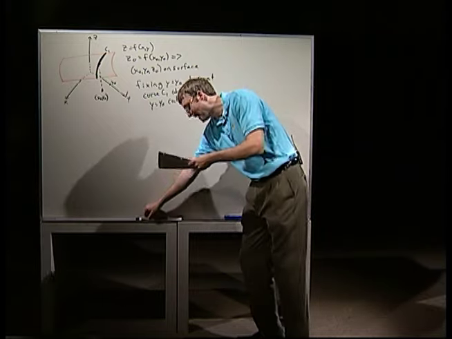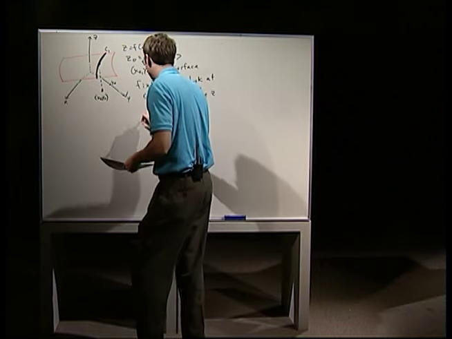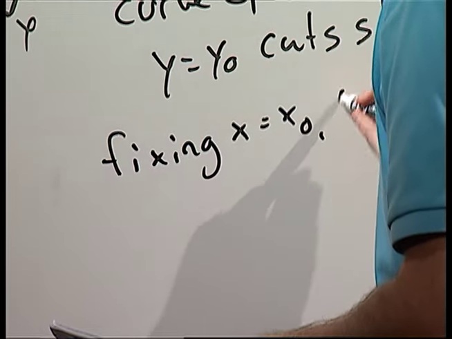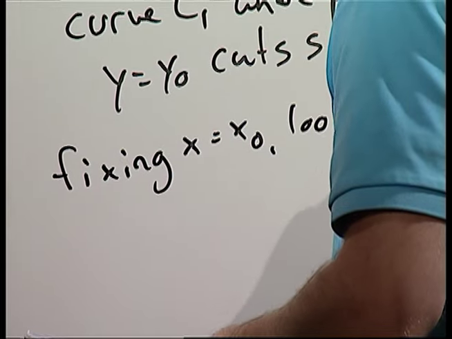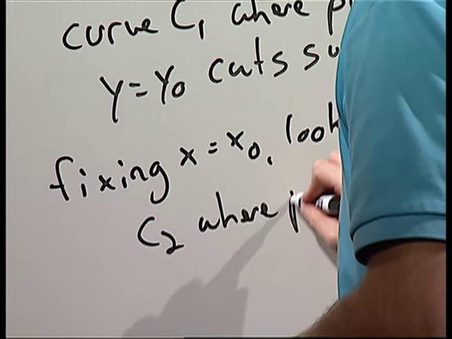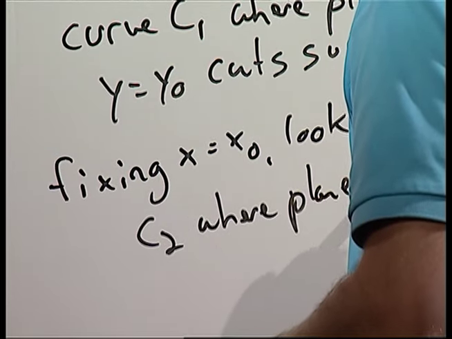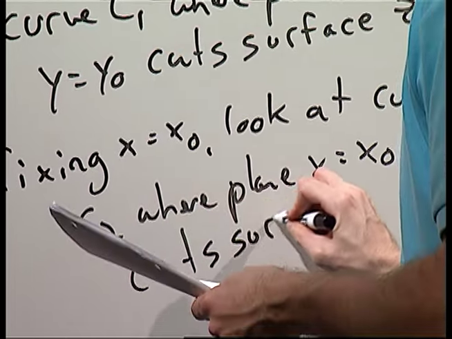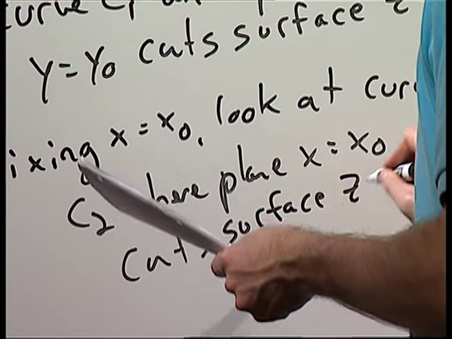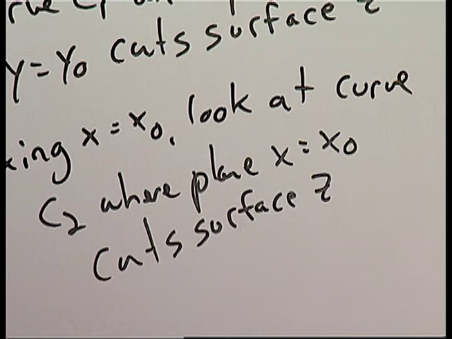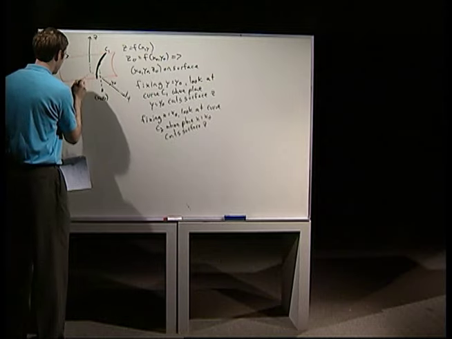Okay. And I can do the same thing for x. I can fix x equals x naught. I can look at the curve C2, where that plane cuts the surface. So that's x naught over there, maybe.